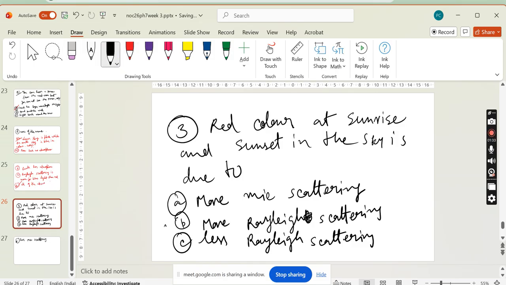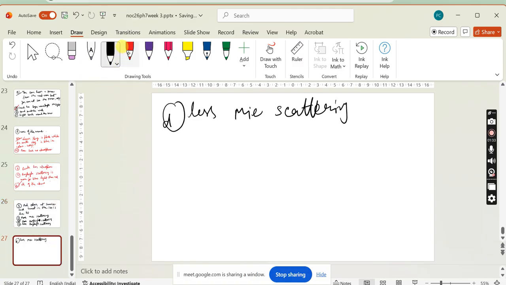So the answer is more Rayleigh scattering. Due to Mie scattering, where the particle sizes are larger than the wavelength of the light, we don't see different colors like blue or red. We see the white portion of the light. Question number 4.